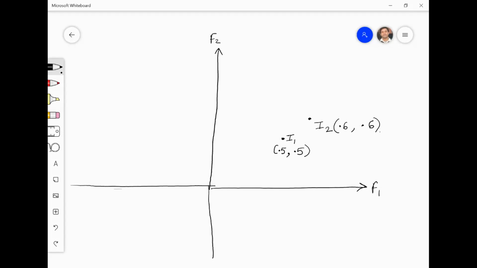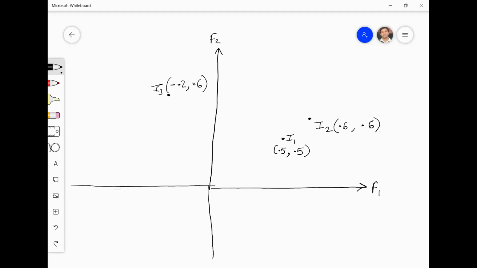I3 is another set of items, so we can say it is minus 0.2, comma 0.6.